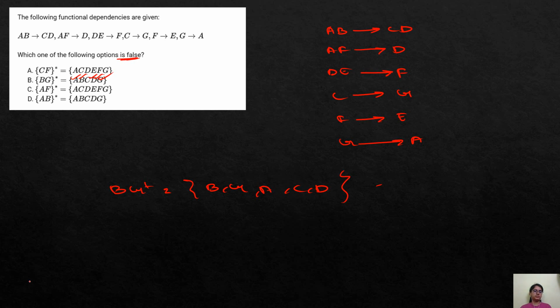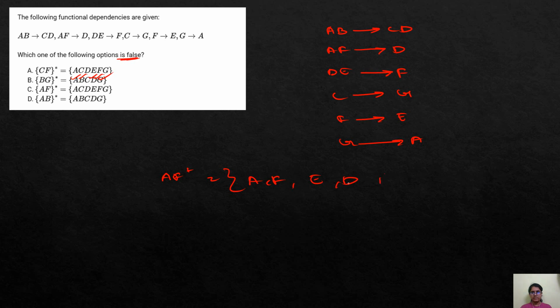Correct attribute closure. Now let's check for AF. So A, F, and from F we can derive E. From AF we can derive D. Okay.